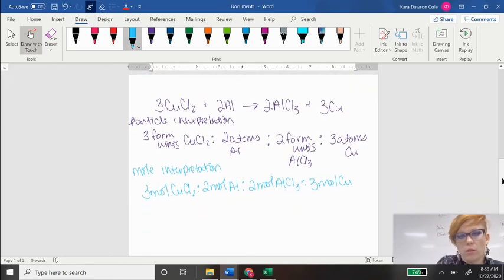These are what we would call the mole ratios from the balanced chemical equation.